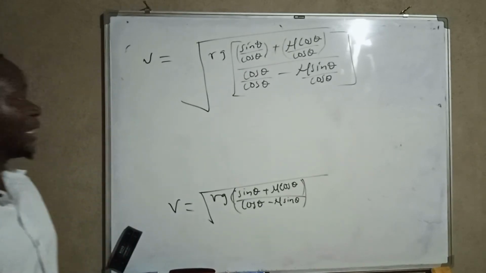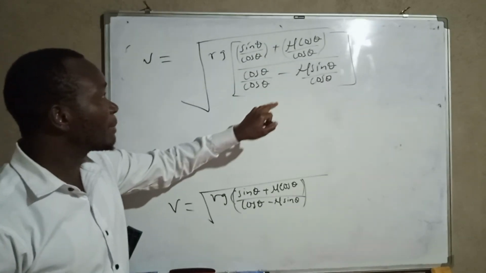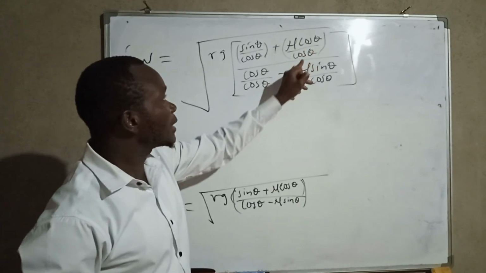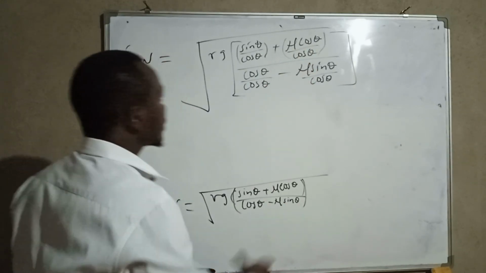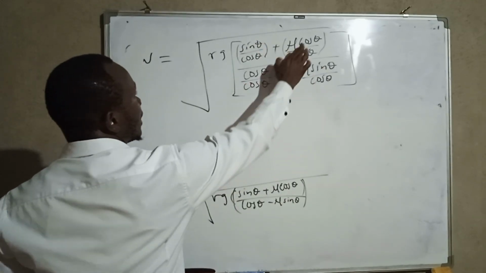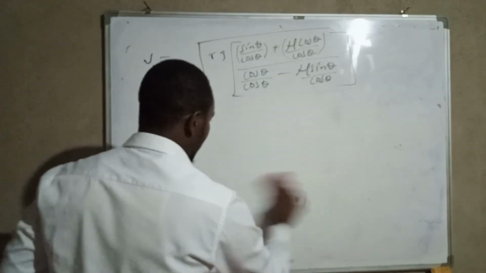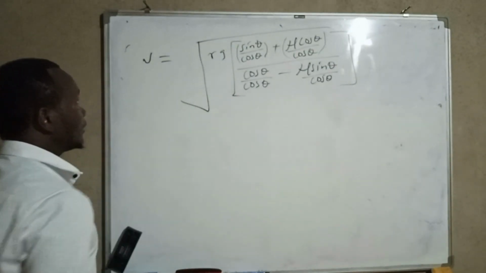But we know from trig identities that sin theta over cos theta is tan theta, and cos theta over cos theta is simply 1. So let us see where we are going.